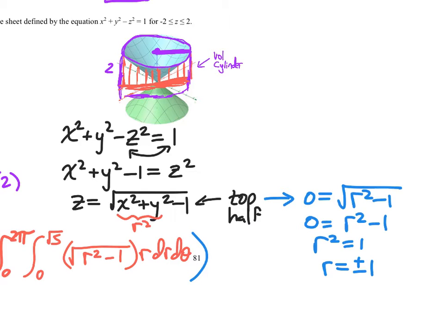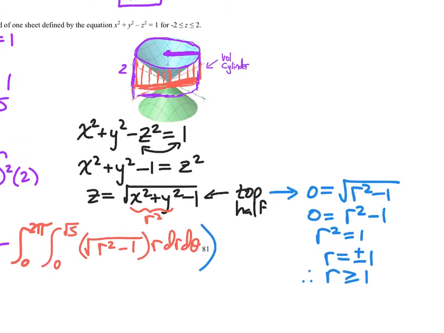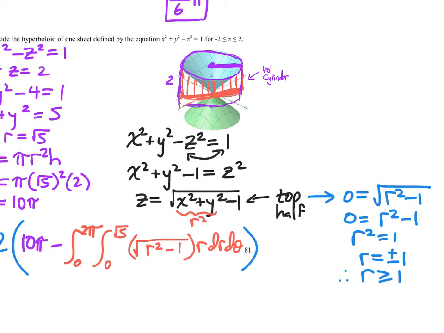All right, so these are the values that would give me 0. Anything in between these two values would be bad news. So therefore r has to be greater than or equal to 1. All right, so I have to make that slight adjustment.